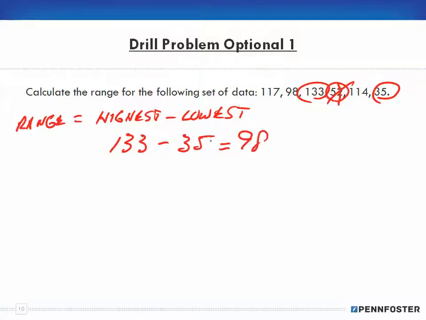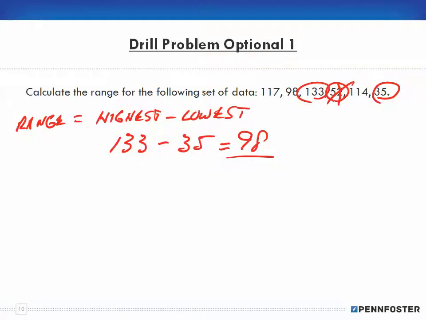The way I did that real quick in my head, we're talking about 133 minus 35. I actually looked at it as 135, and the difference between 5 and 3 is 2. Since that's 100 points there, subtract 2, I end up with 98. That's how I did that in my head.